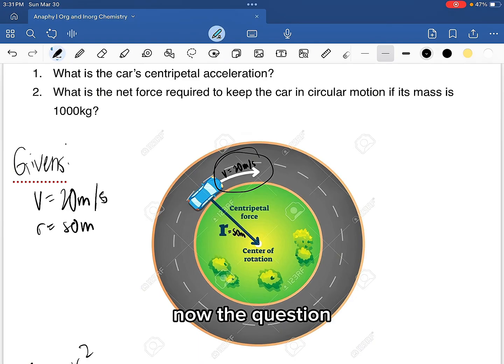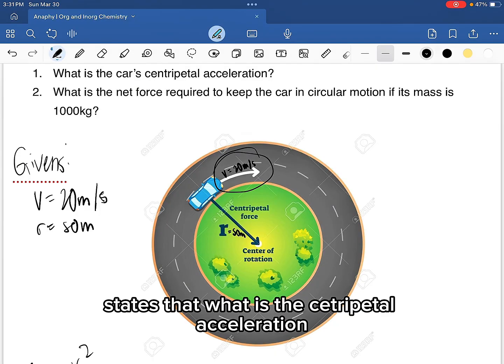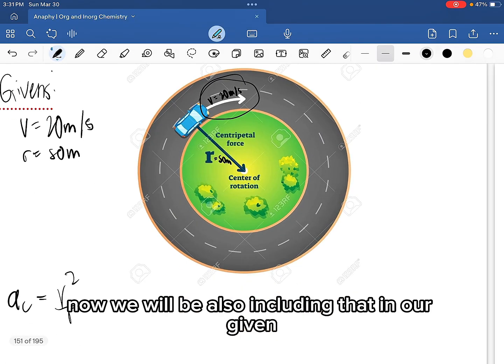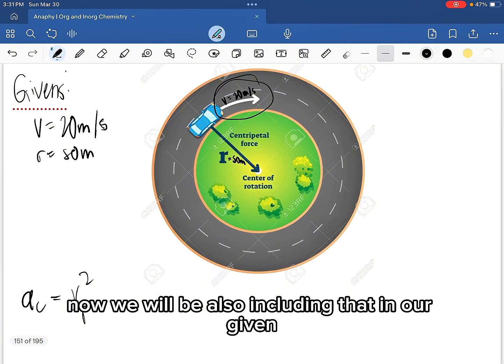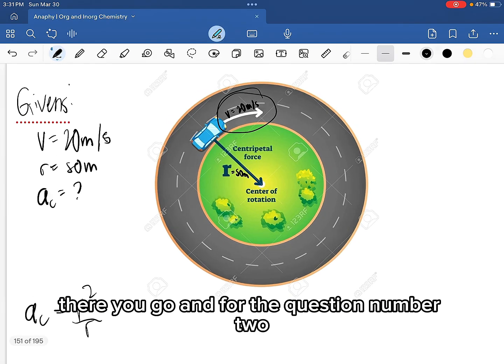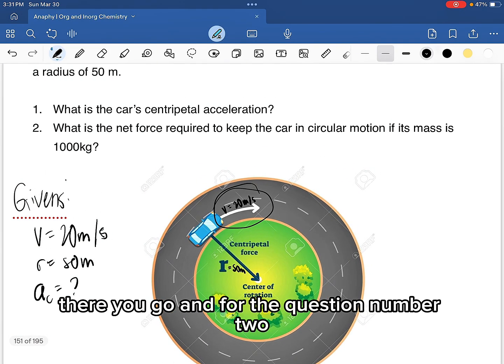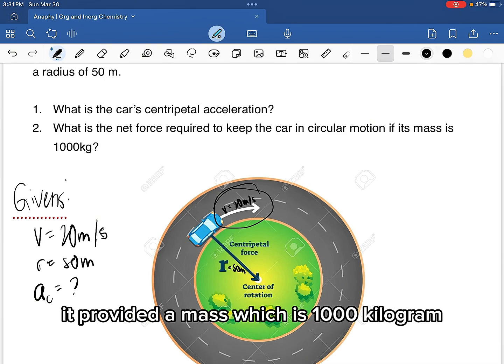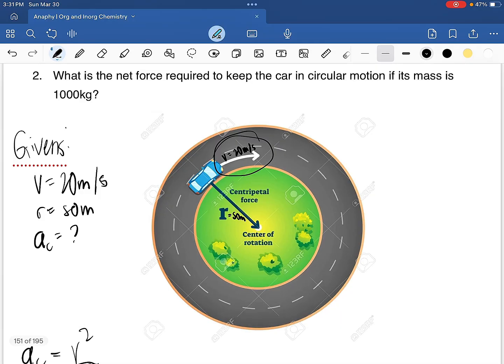Now, the question asks what is the centripetal acceleration, so we will also include that in our givens since that's what we're going to find. And for question number 2, it provided a mass, which is 1,000 kilograms.